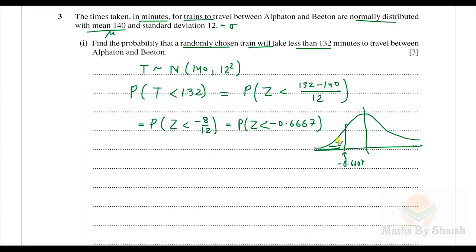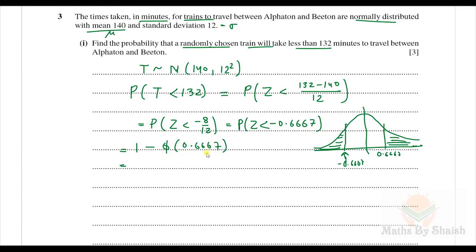It means we need to find this area, and we don't know the phi with the negative sign, so since it is symmetric, we will get the exact same value 0.6667 here, and that is how we will calculate: 1 minus phi of 0.6667.